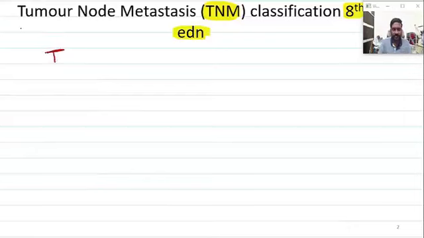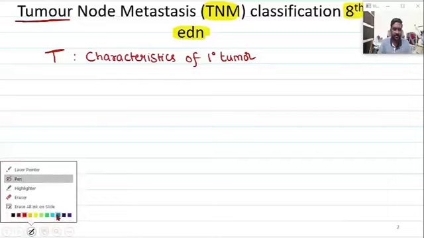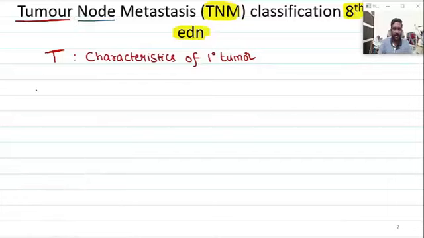T stands for tumor. It will let me know the characteristics of a primary tumor. What is its size? What is its extent?